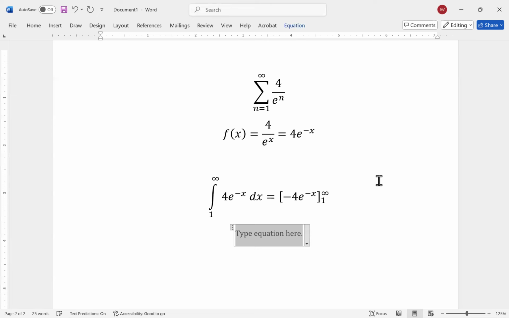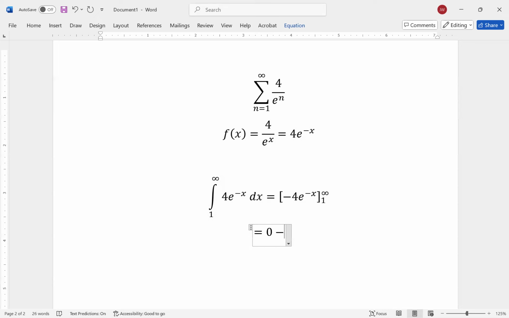When I take the limit as x goes to infinity, e to the negative infinity is the same thing as 1 over e to the x. So what I'm getting when I plug in infinity, again, plug in loose terminology there, meaning take the limit as x goes to infinity, you'd get a 0.